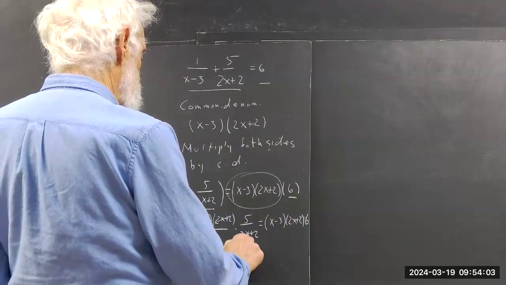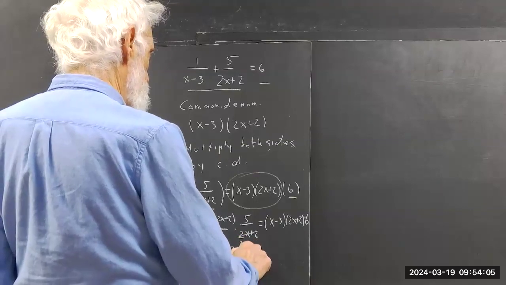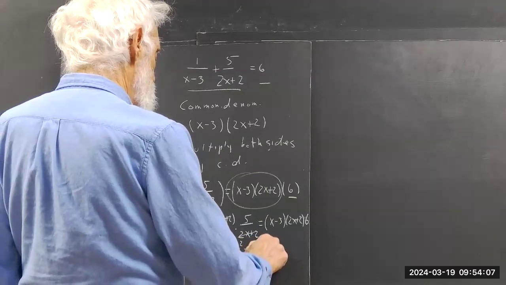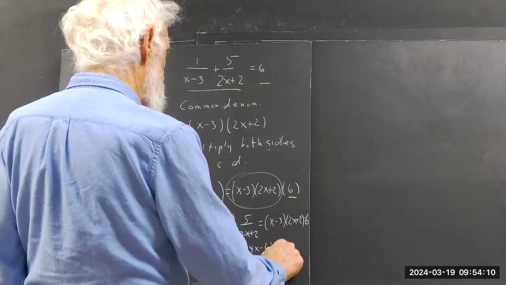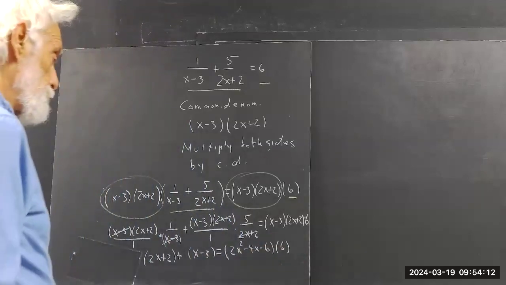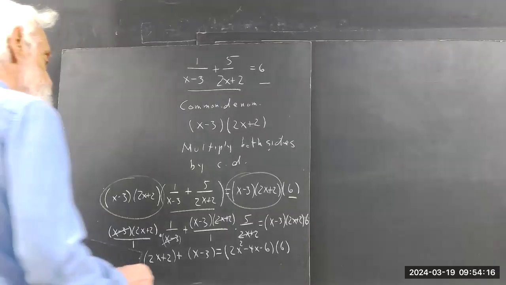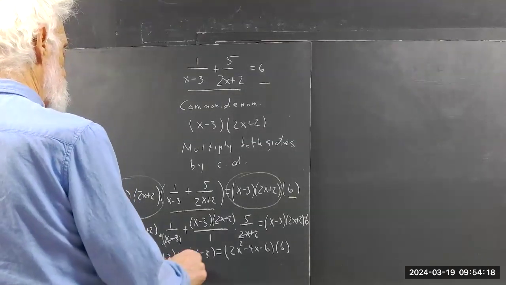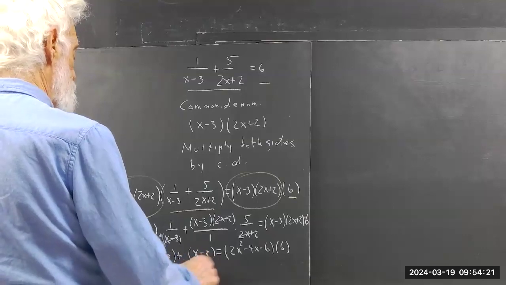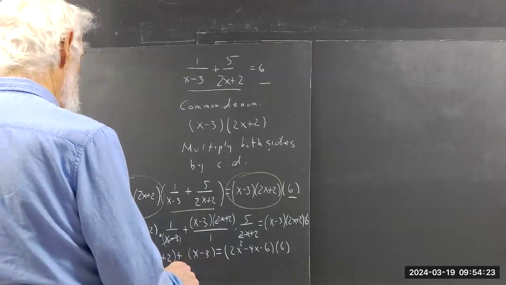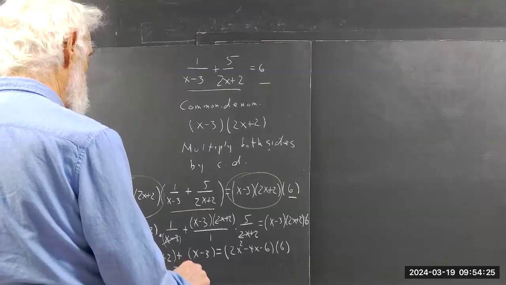And you're going to get 2x squared minus 4x minus 6 multiplied by 6. And well, that gives us 2x plus 2 added to x minus 3 gives us 3x minus 1.